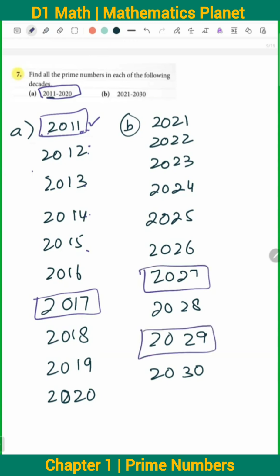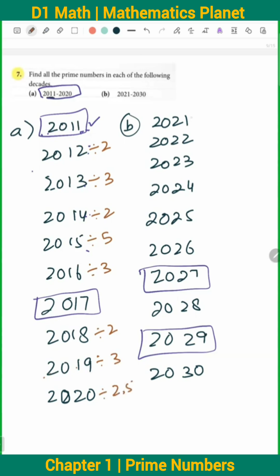So I can quickly tell you why the others are not prime numbers. This was not a prime number because it is divisible by 2. This is divisible by 3. This is divisible by 2. This is divisible by 5. Divisible by 3. Divisible by 2. Divisible by 2 and 5 both.